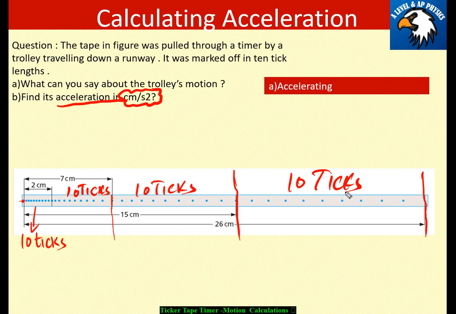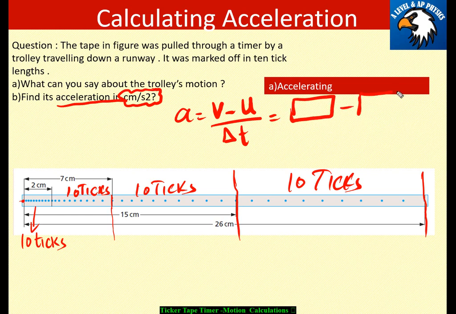So we need to calculate acceleration. What we need is the final velocity, the initial velocity, and we divide by the time interval.